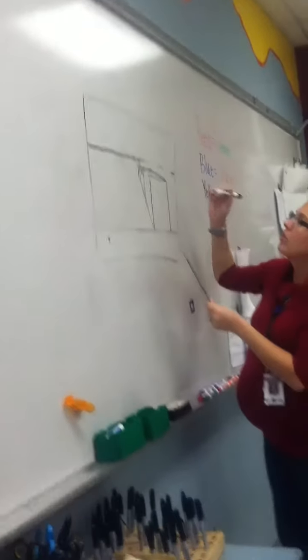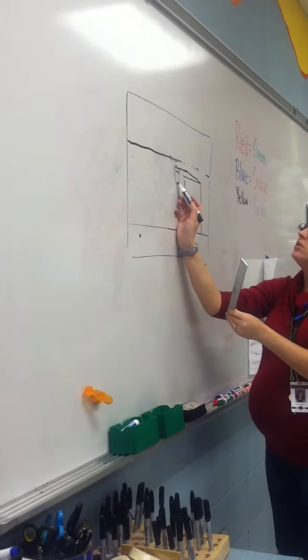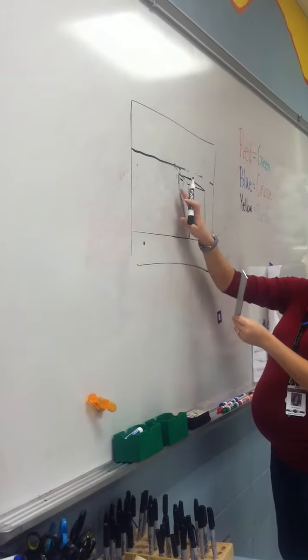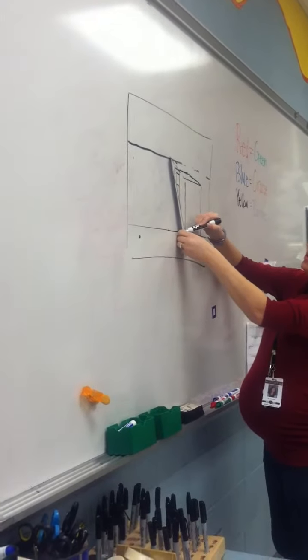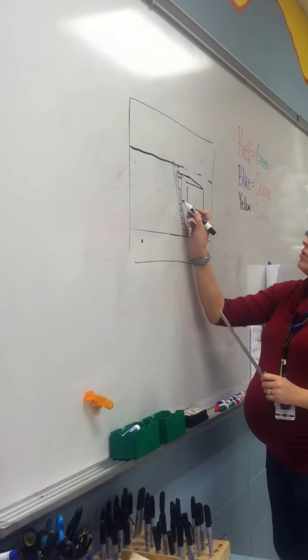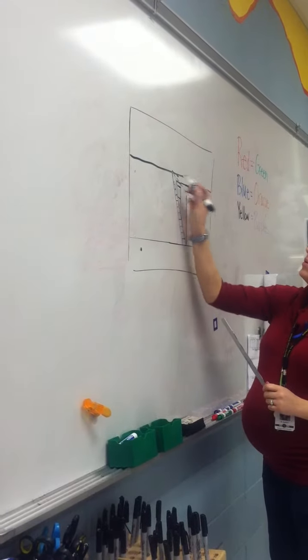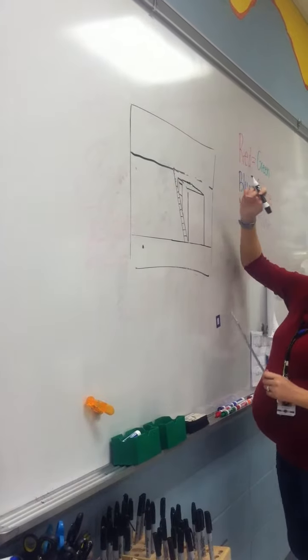Okay. And you can add things like windows. So if this is our sidewalk, maybe there's no other buildings back there, and we'll erase all those other lines.